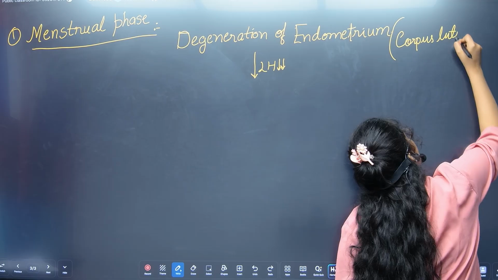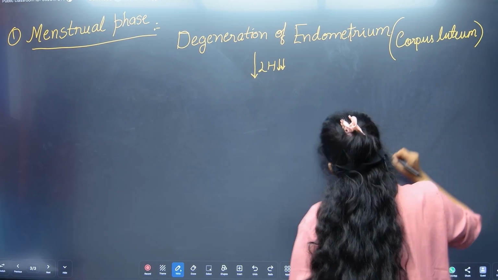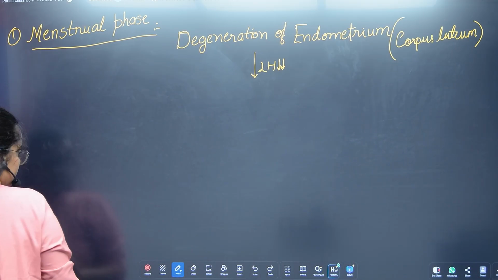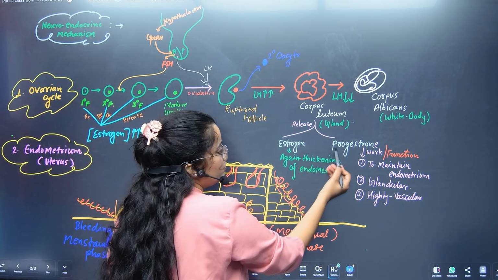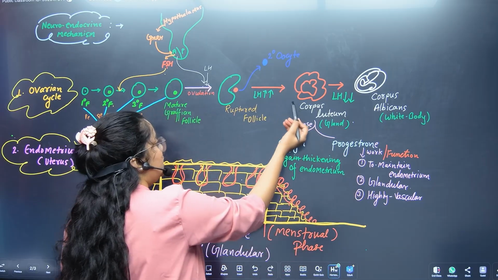Since we had seen earlier that the corpus luteum is producing the two hormones estrogen and progesterone, and LH is also high there.